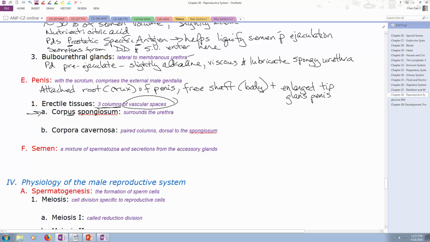Corpus spongiosum, that's singular. And we have 2 corpora cavernosa. The corpus spongiosum is why we call that part of the urethra the spongy urethra. It surrounds the urethra itself and expands distally to form the glans penis, because the glans penis is part of the corpus spongiosum.